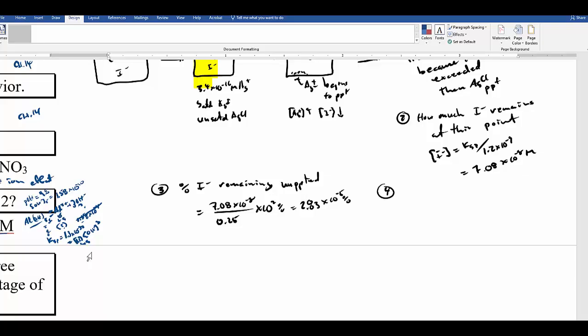4. Let's calculate the percent precipitation. Percent precipitation is equal to 100% minus the percent remaining, because whatever doesn't remain was precipitated.